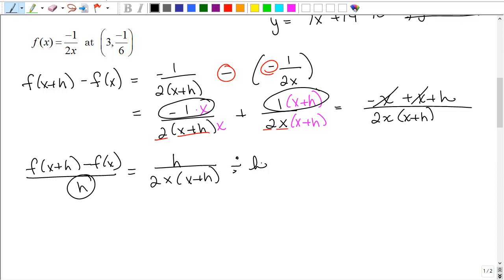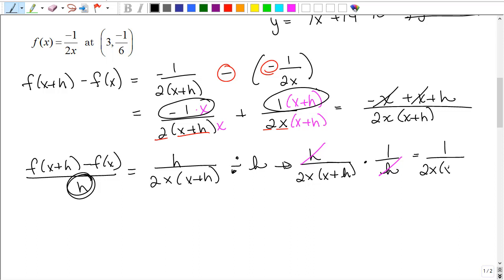I know a lot of people don't like fractions. So how do we divide? This is in the denominator. Dividing by h is the same as multiplying by 1 over h. Since I have an h in the numerator and h in the denominator, those divide out, and I'm left with 1 over 2x times x plus h.